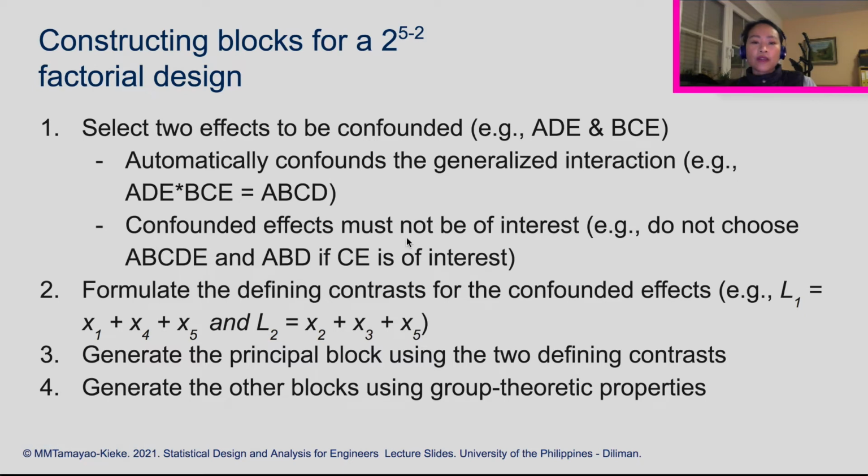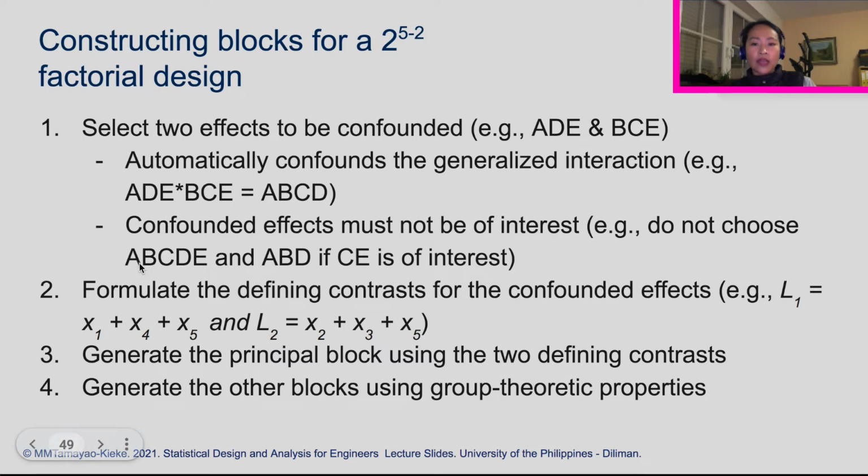Now, the confounded effects must not be of interest. You have to be careful that the effects that you choose for confounding with the blocks are not of interest. For example, if CE is of interest, then you cannot choose ABCDE and ABD as the two effects that you would confound with the blocks, because the generalized interaction of ABCDE and ABD is actually CE.